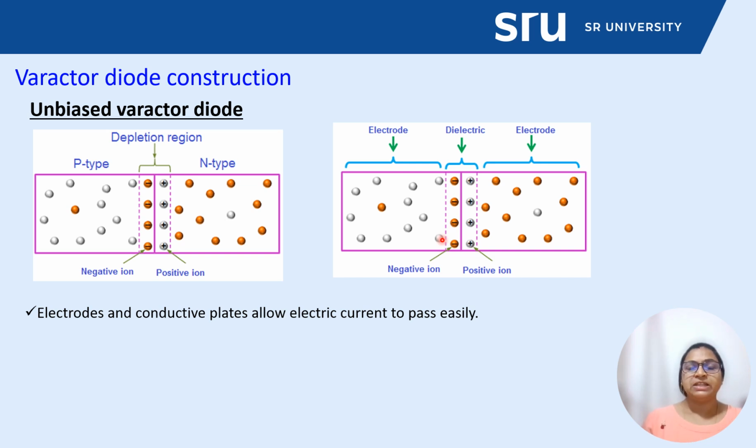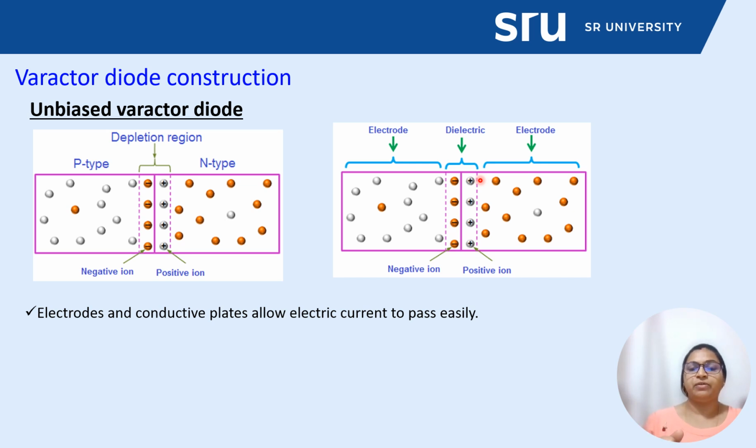The width of this depletion region depends on the number of impurities added, that is, the amount of doping. So it again depends on our manufacturing, on our application or the type of purpose we are going to use it for.